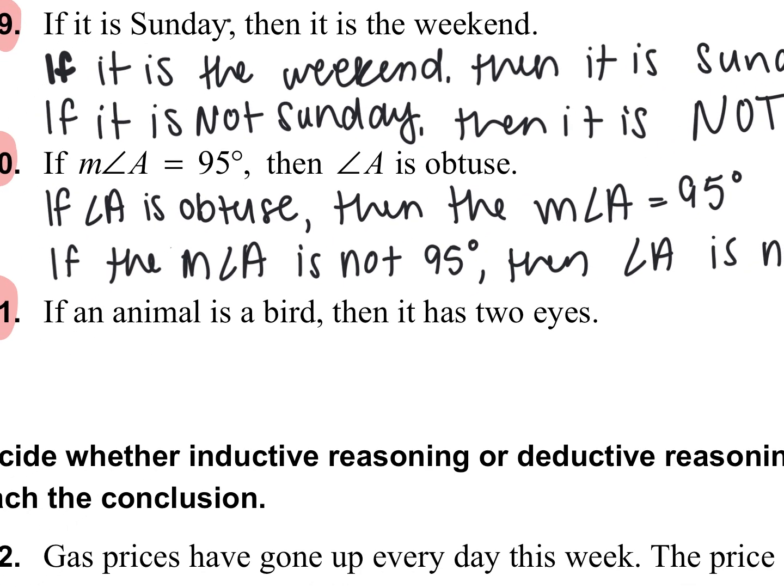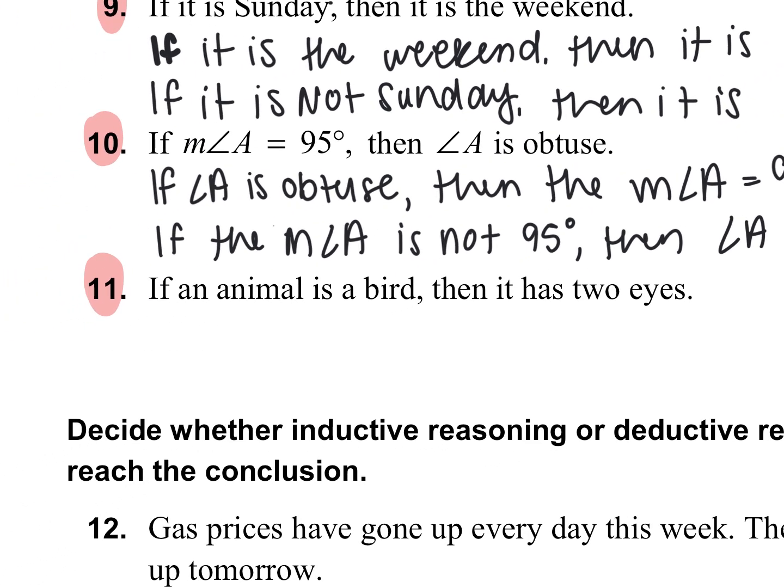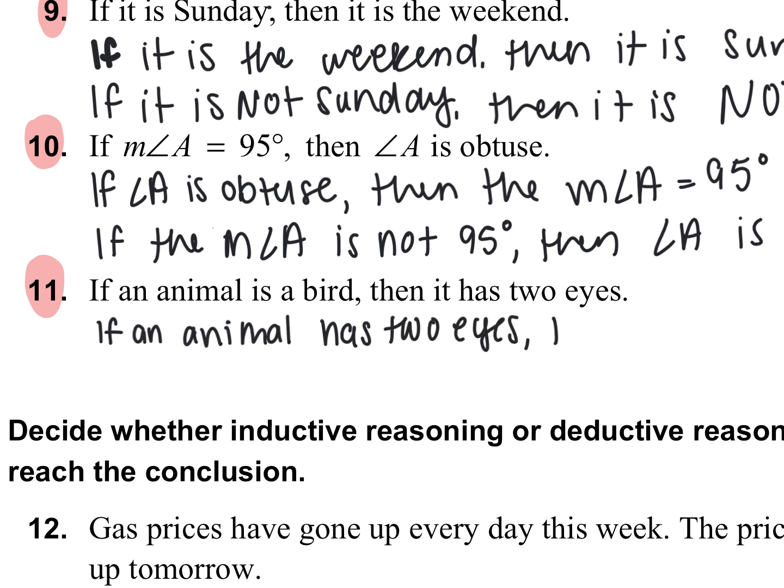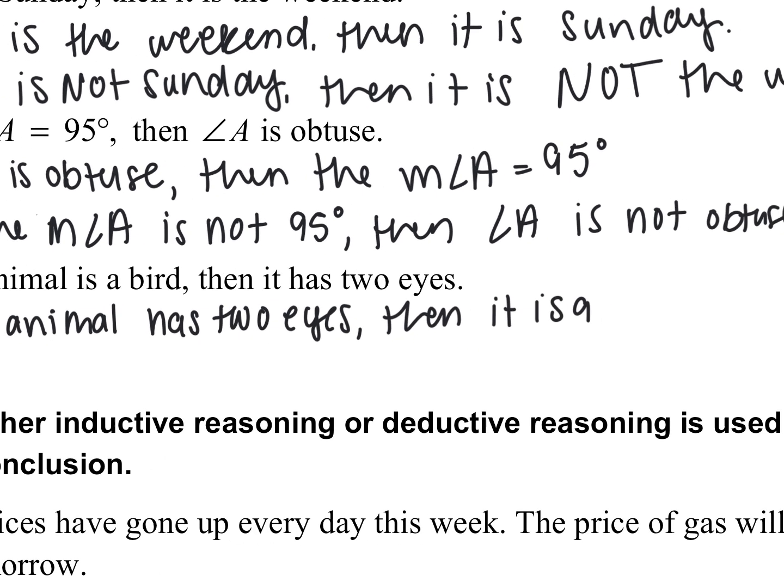All right, and the last one, how would I write the converse statement? If an animal has 2 eyes, then it is a bird.